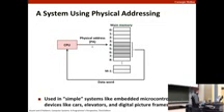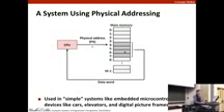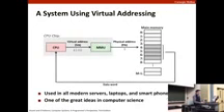Now, the memory is a crucial resource in the system, and what we found is that it's useful to virtualize that memory resource. Remember, before we virtualized the disk by having the disk controller intercept requests.